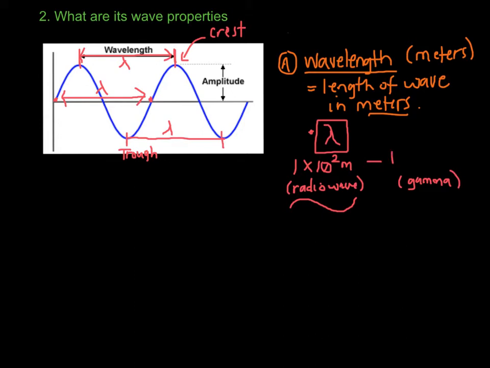Gamma radiation is a high energy light with a wavelength of 1 × 10^-14 meters. So it's got really, really short waves, right? They're very close to each other and have a lot of energy. And so those are about the ranges of wavelengths you'd find for light. And then, of course, there's all the ranges in between, or all the types of light in between, which we'll talk about here in a minute.